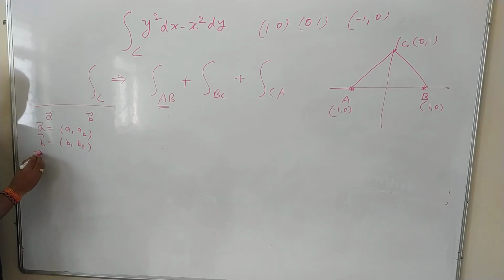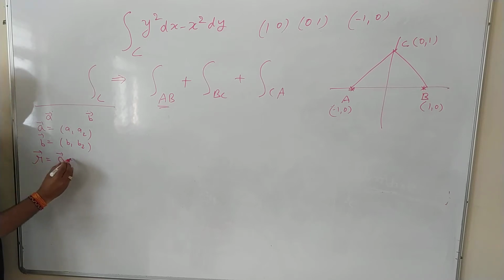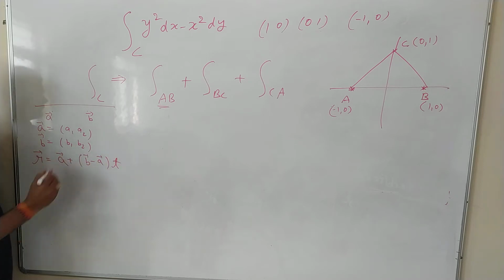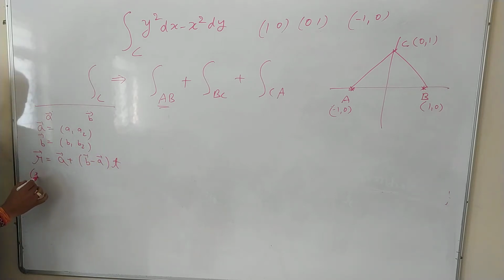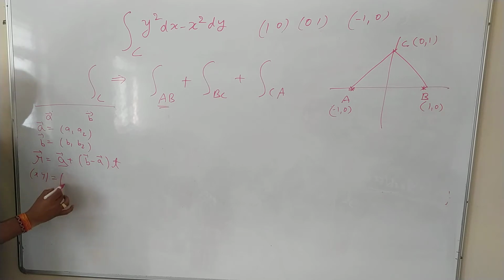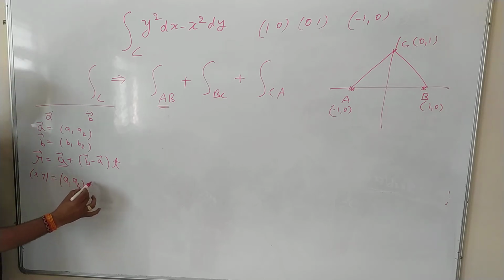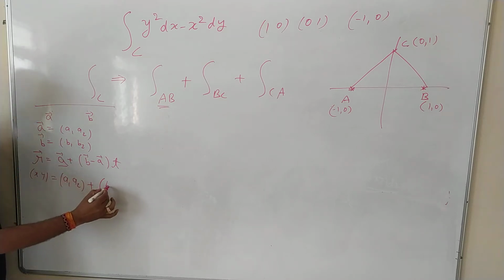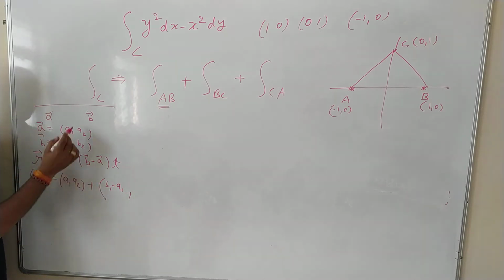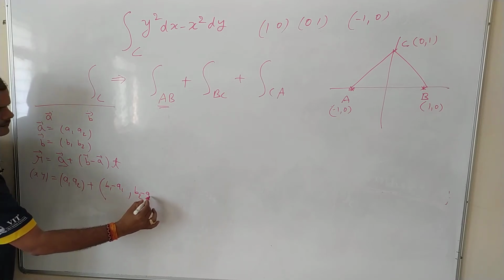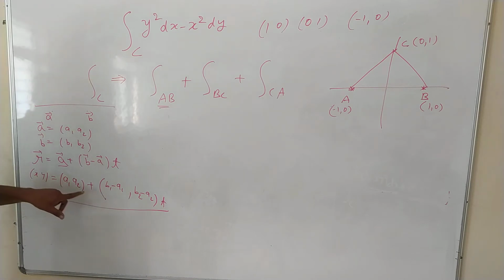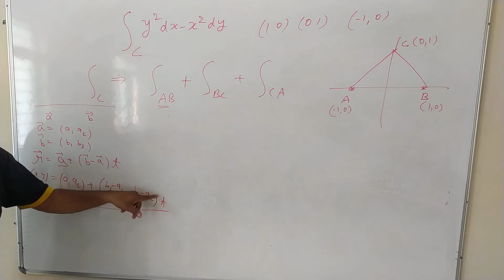So that coordinate R will be A plus B minus A into T. This is your XY equal to A1, A2 plus B minus A. So B minus A means B1 minus A1 comma B2 minus A2, T. So X equal to A1 plus B1 minus A1 T, Y equal to A2 plus B2 minus A2 T.